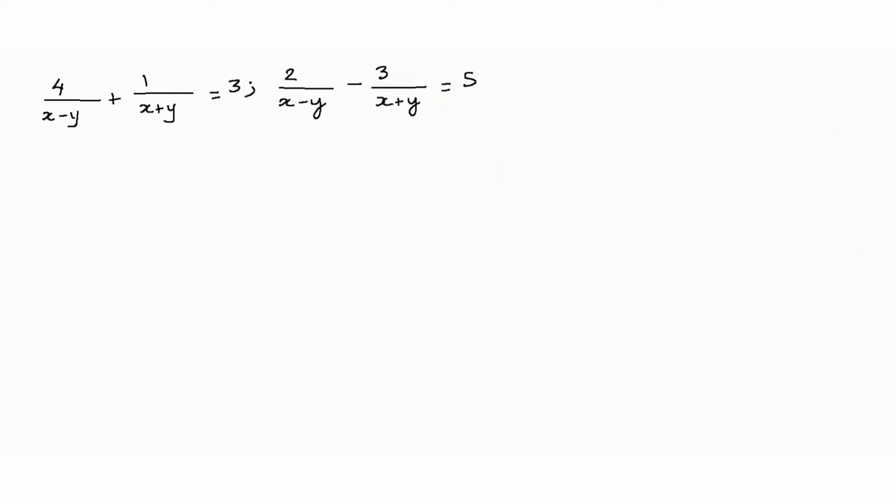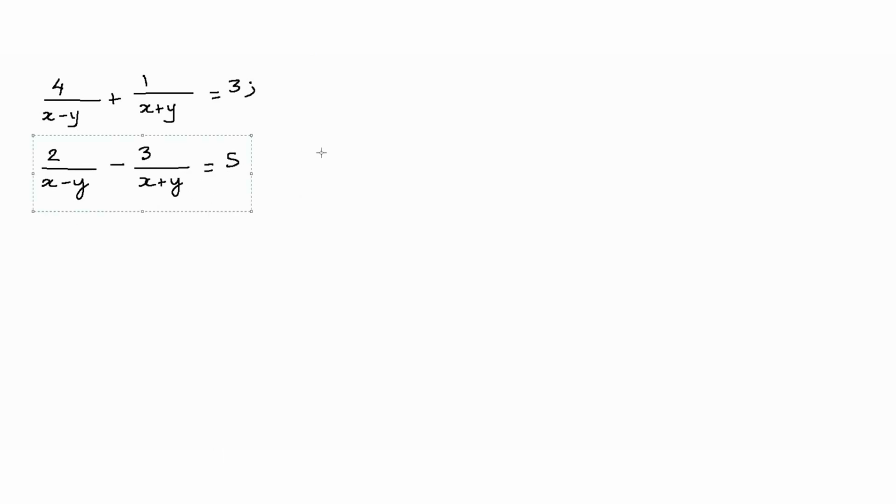So let's consider the equations that are given on the board right now. Again, I notice that there is a 1 by X minus Y in both the equations, and there is a 1 by X plus Y also in both the equations.